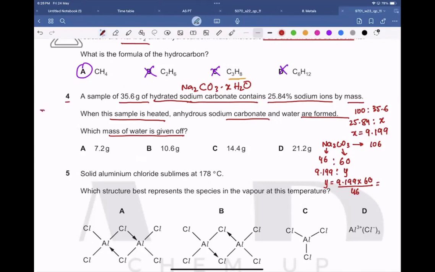So see, in 35.6 gram of Na2CO3·xH2O, sodium is 9.199 grams. Carbonate is, we have just found, 11.99. Thank you, Hassan. So what mass is left?